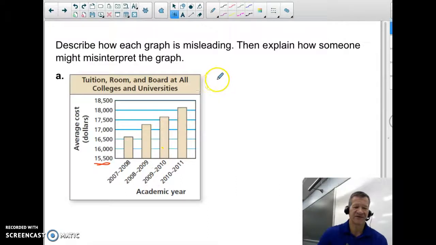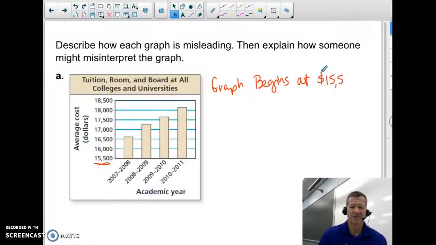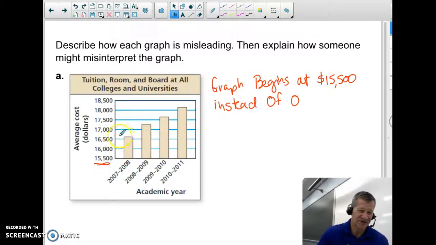Okay. Now, why does that create a problem? So first of all, that's the problem. Why is it misleading? The graph begins at $15,500 instead of zero. Now, sometimes that's okay, but in this case, because it's not starting at zero, if you look here, 2007, 2008, we had just over $16,500.